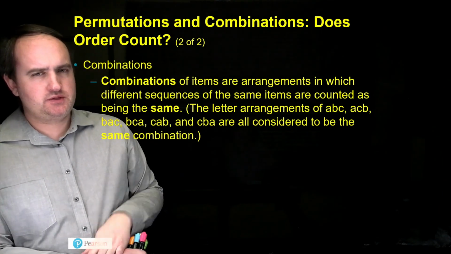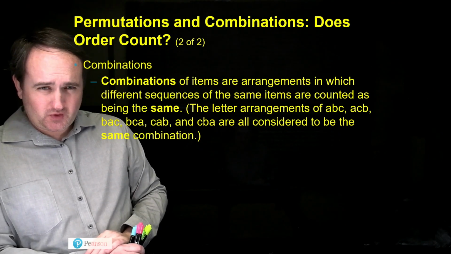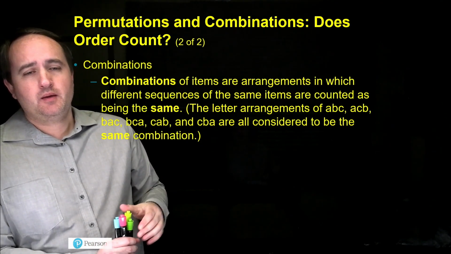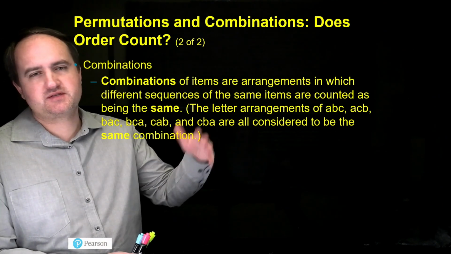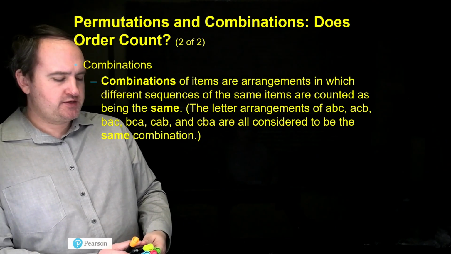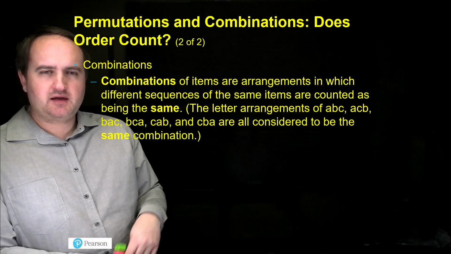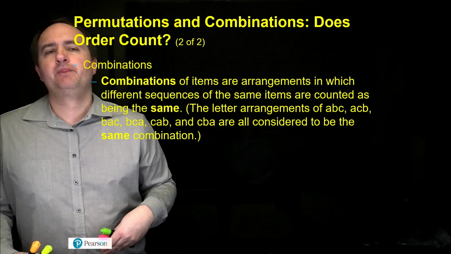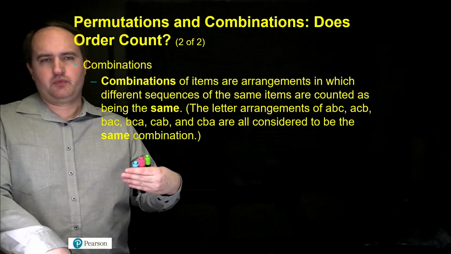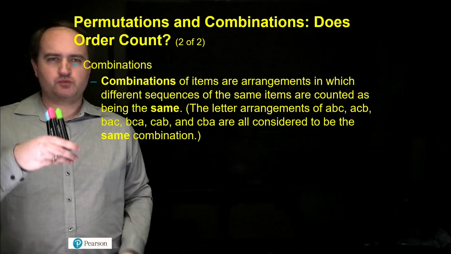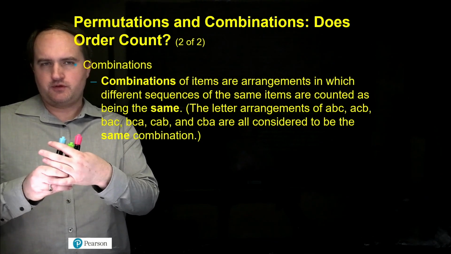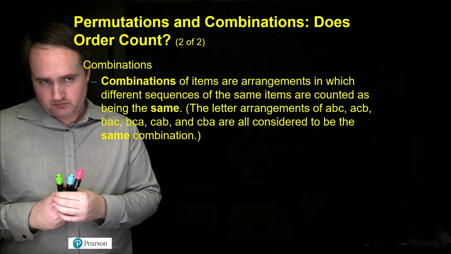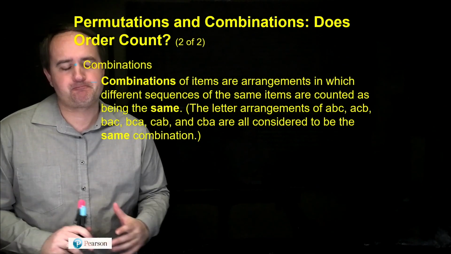Whereas with combinations, you'll be selecting objects, but the order can't matter. So if you have 5 markers and you choose 3 of them, all you care about is which 3 markers you have, but there's no ordering to those markers that you've chosen. Okay, so that's the rough idea.